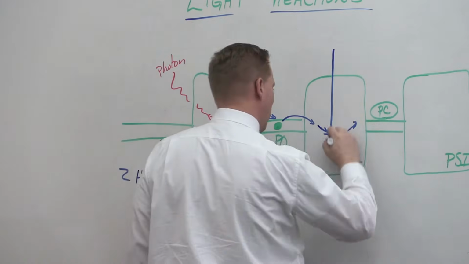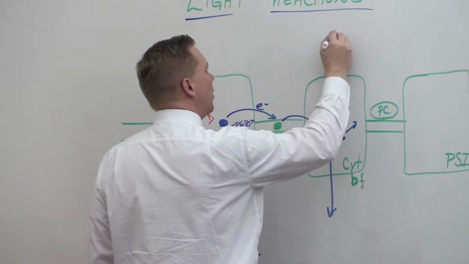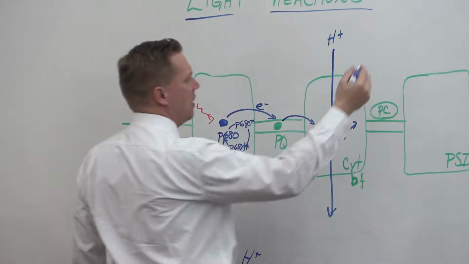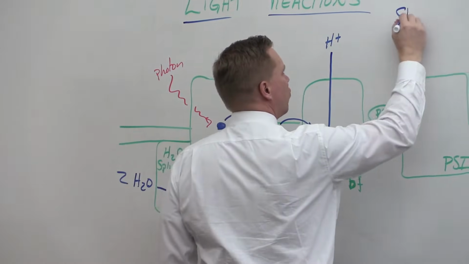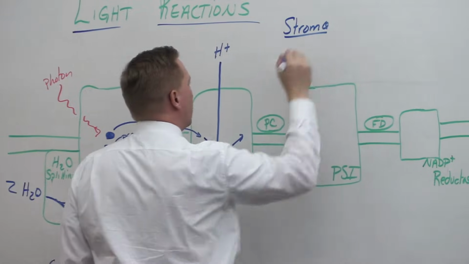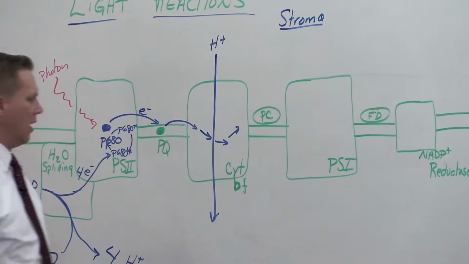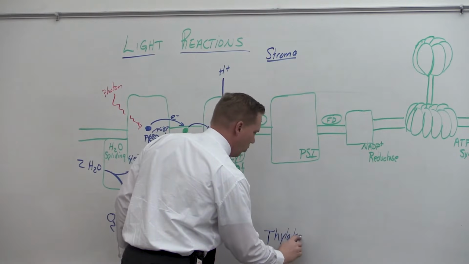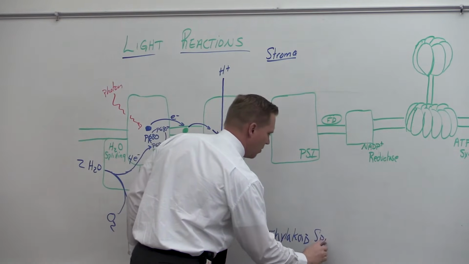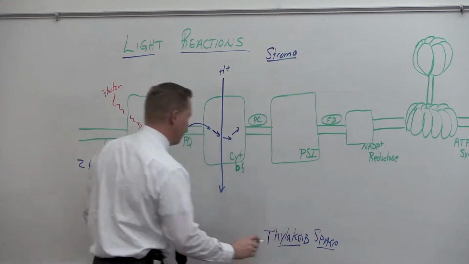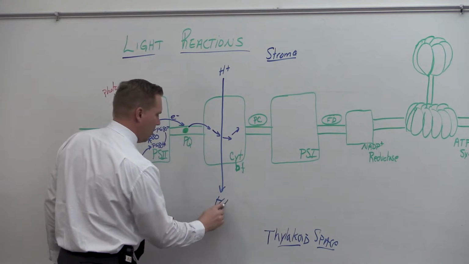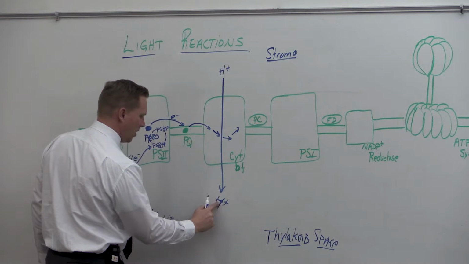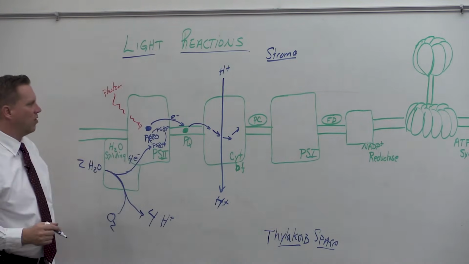In the process of that happening, we are going to take some protons that are in the stroma, in this region here, and pump them into the thylakoid space. And so we get some hydrogen ions or protons that get pumped into the thylakoid space.